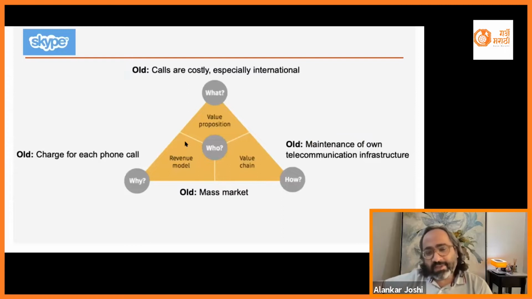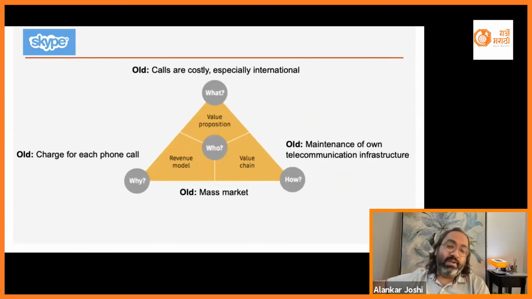So the first one is Skype, where again, let's go back to these four dimensions. Who was the target? For Skype, it was the mass market, right? And then we'll talk about how the innovation actually happened.